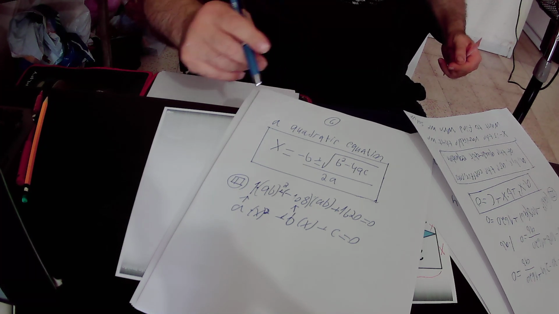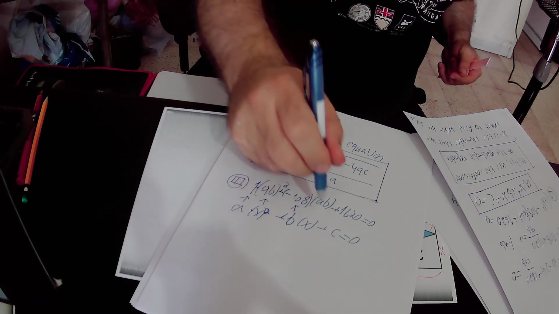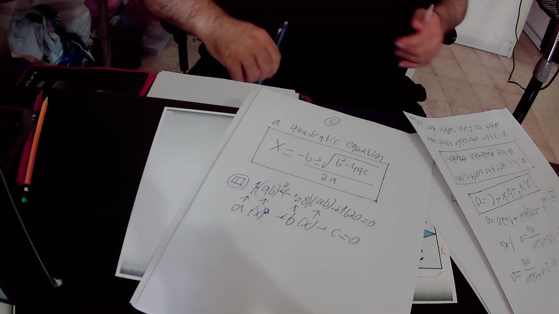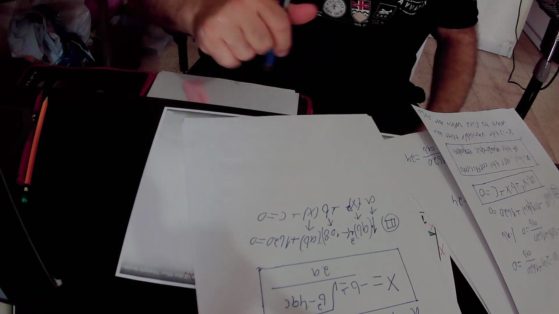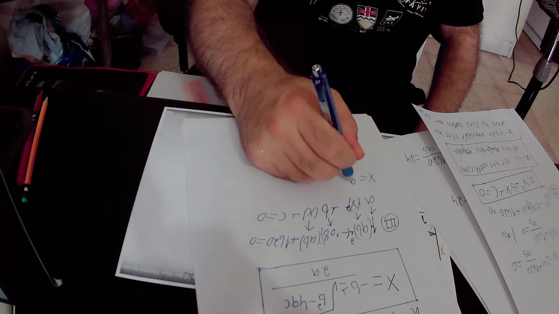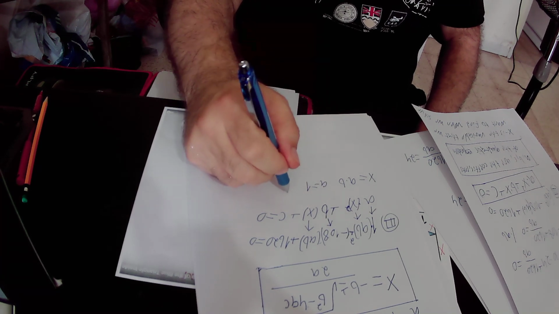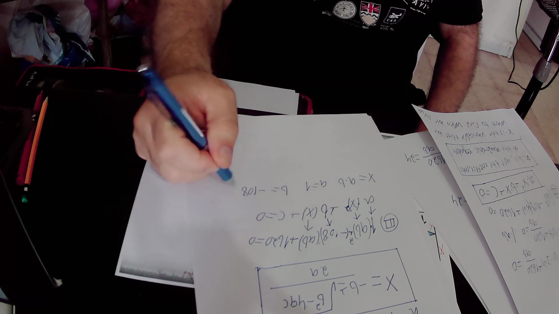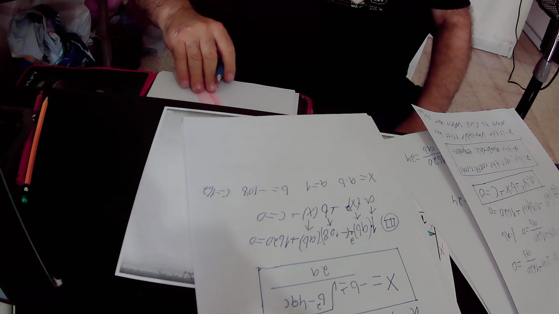Okay, and actually X equals A times B. So I'll write it down. X equals A times B, A equals 1, B equals negative 108, and C equals 1620.